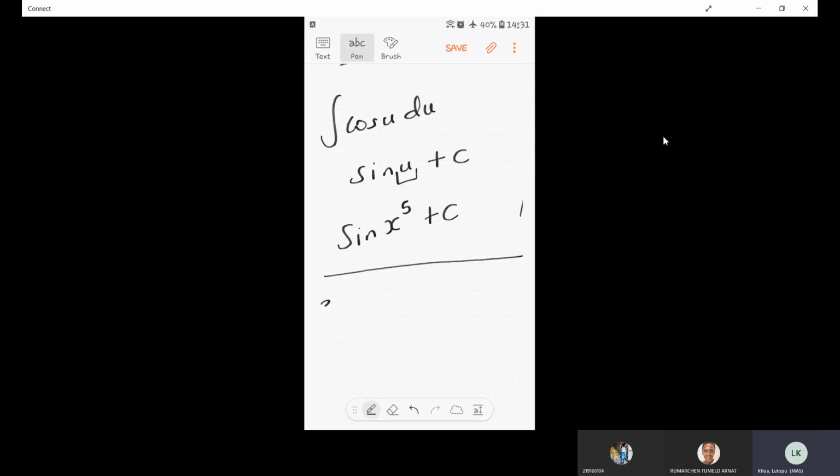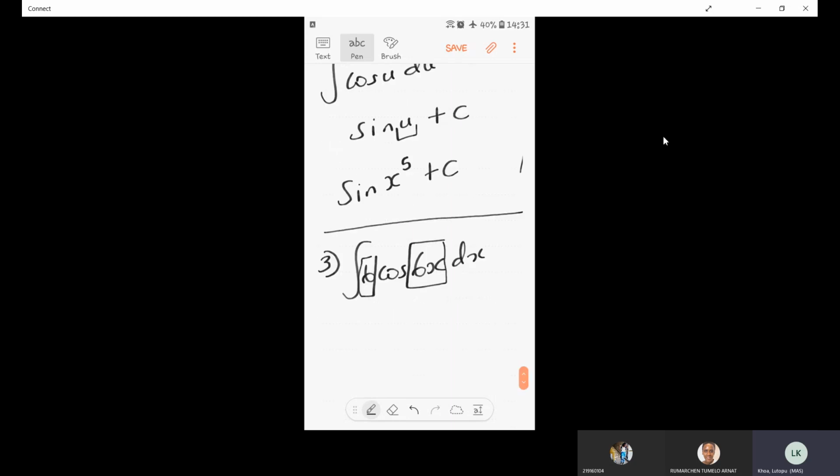Then number 3, we have the integral of 6 cos 6x dx. So here again, I can see that if this is my u, the derivative of u will be equal to 6. So that substitution will work.